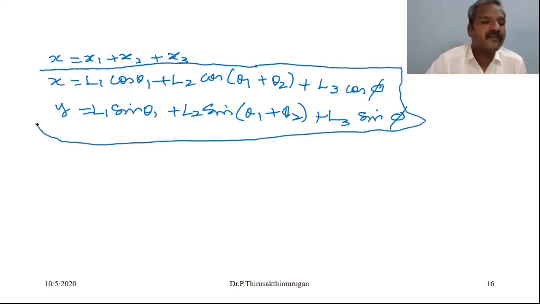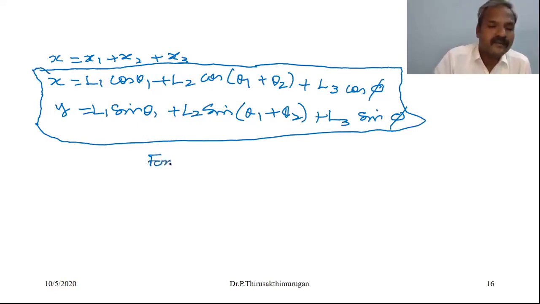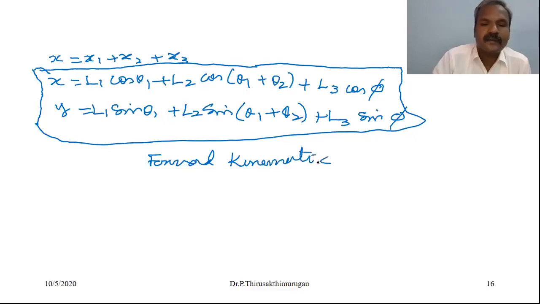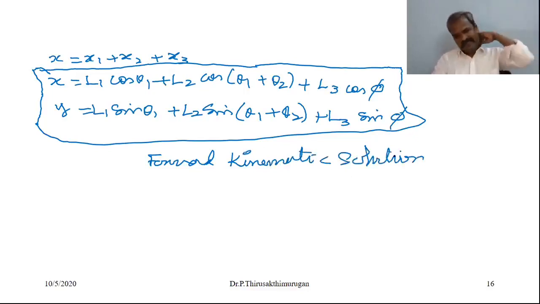3 degree of freedom RR robo. So forward kinematic solution or equation. Okay.